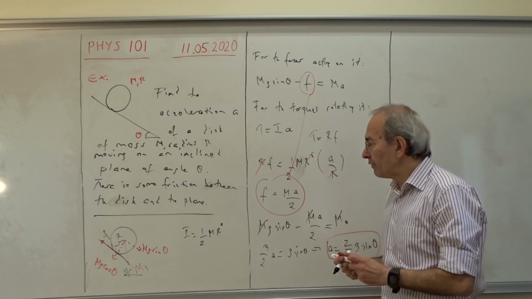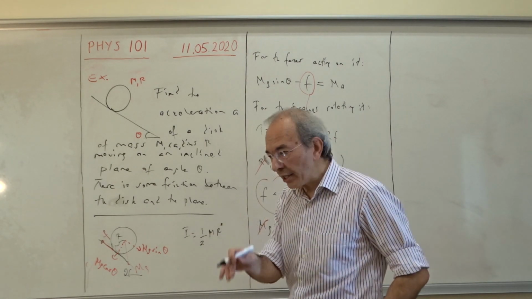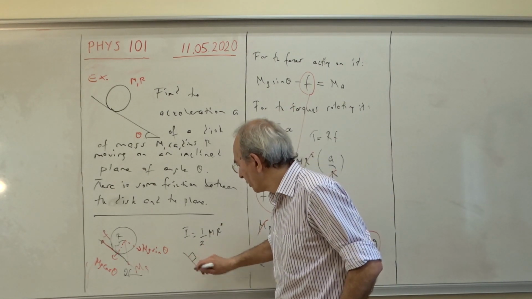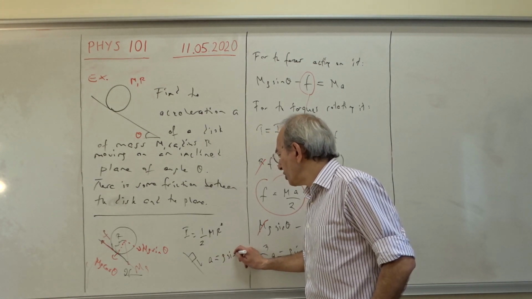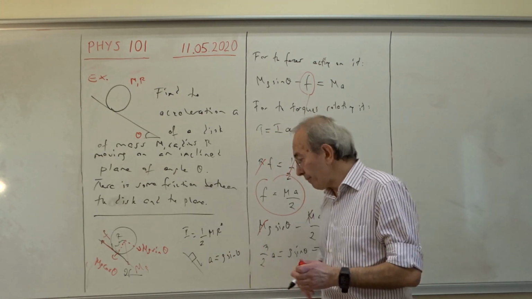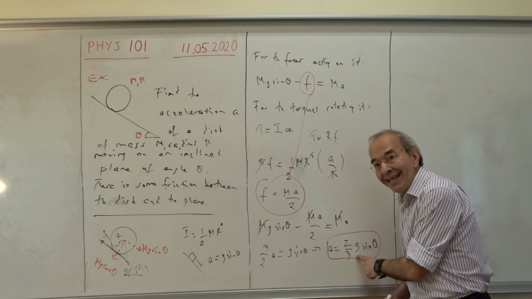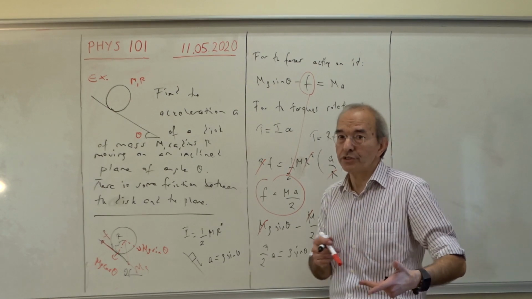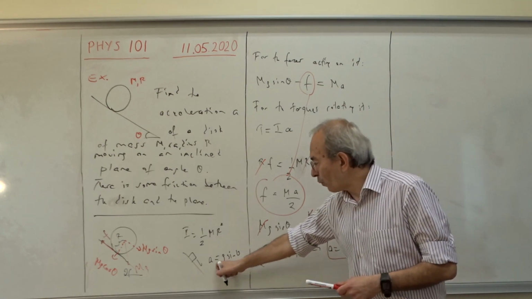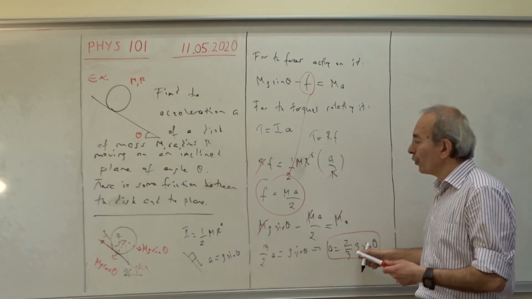Remember that if it were not a rotating object, but just a block, the acceleration would be just g sine theta. If you compare them, this linear acceleration is a bit less, multiplied by 2/3. 2/3 is less than 1. So this is just 1 g sine theta, this is 2/3 g sine theta.